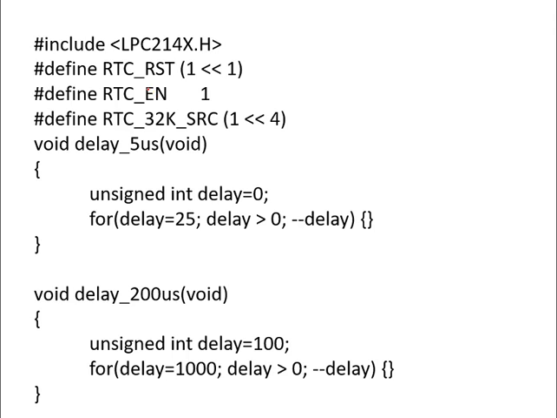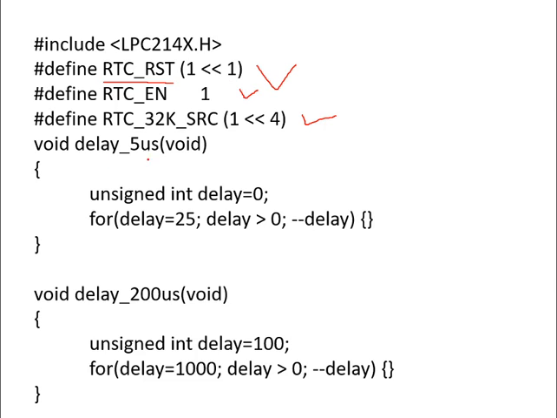We have defined different pins which will be interfaced for initialization of the RTC: one is the reset, second is the enable, and the third one is the RTC source. These three are defined there. That means we have defined these names for these combinations of bits.